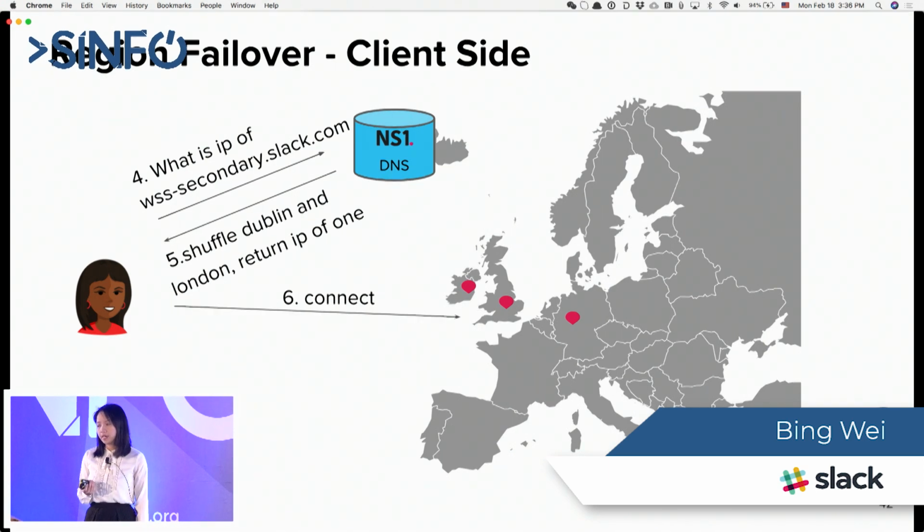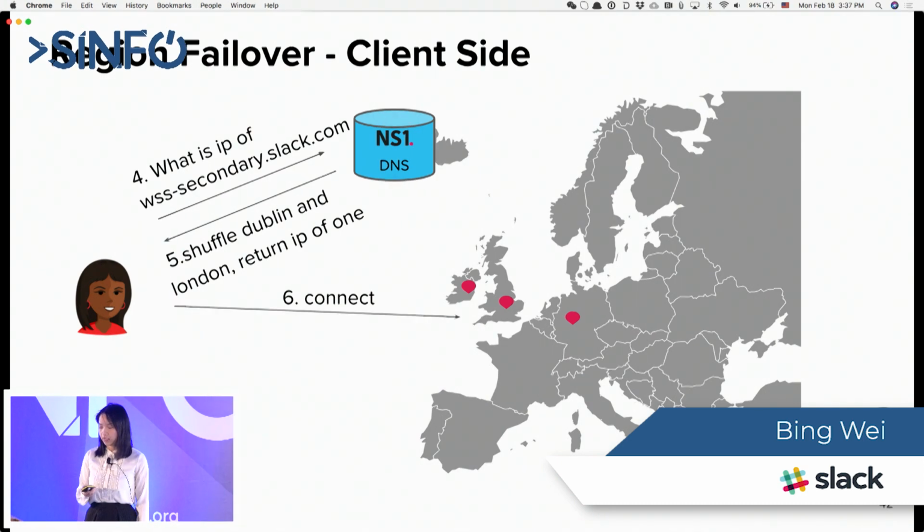It asks the DNS server, what is the IP address of wss-secondary.slack.com? Similarly, the DNS server, based on the IP address, knows where you are. It finds that Dublin and London are the closest regions. Then it randomly picks one of them and returns the IP address to the client.